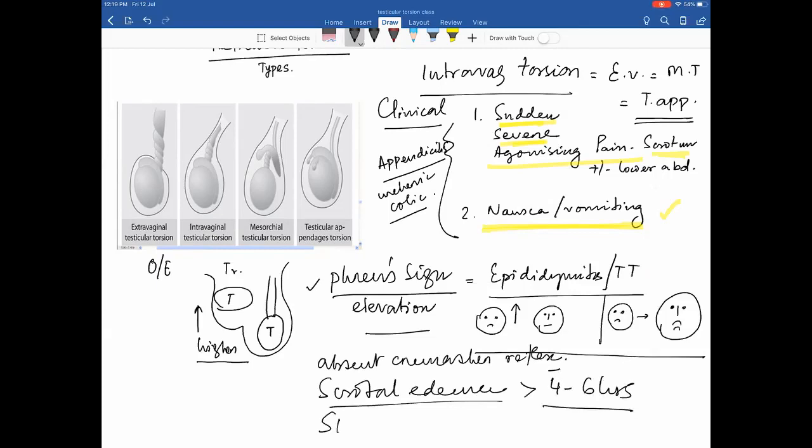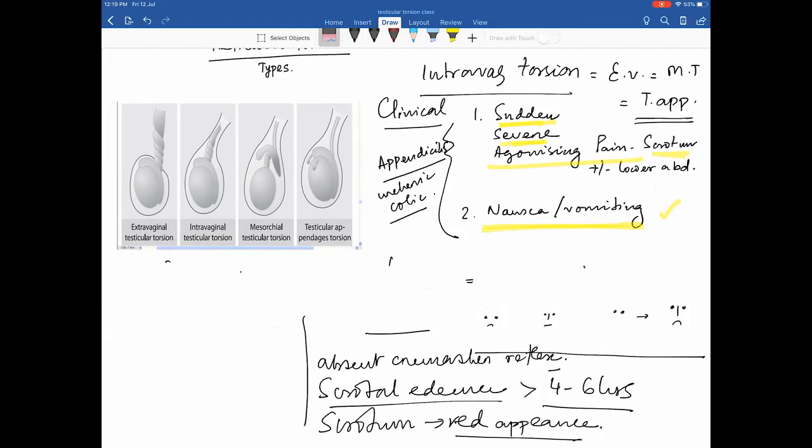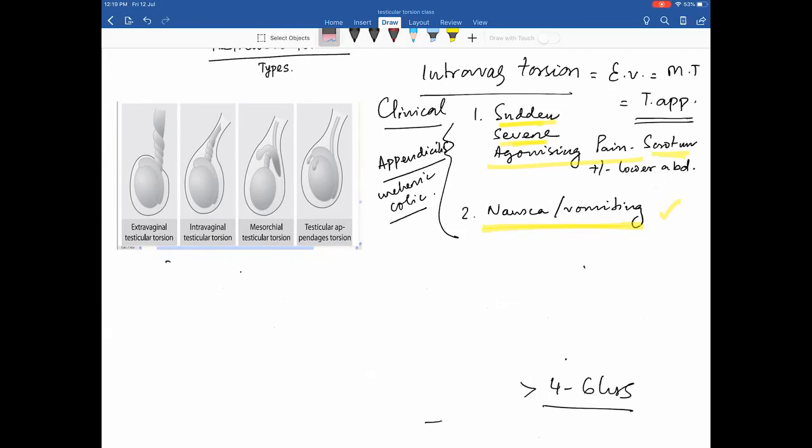The scrotum may have a red appearance, and thus examinations will ask you about the differential diagnosis of a testicular torsion. Now I will again make these points clear. Very straightforward points: please remember the most important points of concern are always pain and nausea and vomiting. If you remember this, the rest of the things are very simple.